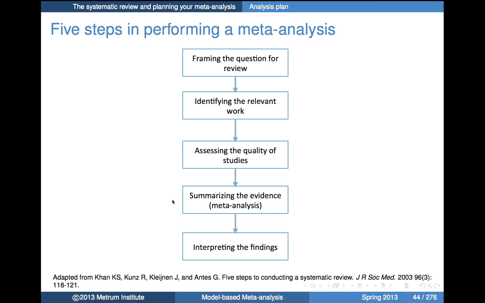The third step is then assessing the quality of those studies, so reading through each of the papers that you've got, ascertaining whether or not they meet your inclusion-exclusion criteria, and ascertaining the quality of the studies themselves. And then comes the summary of the evidence. That's our meta-analysis piece. And then there's an interpretation and reporting of the findings that comes out at the end.